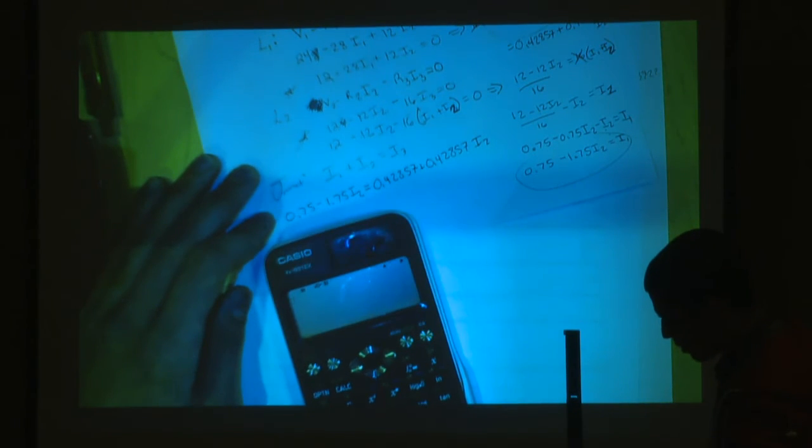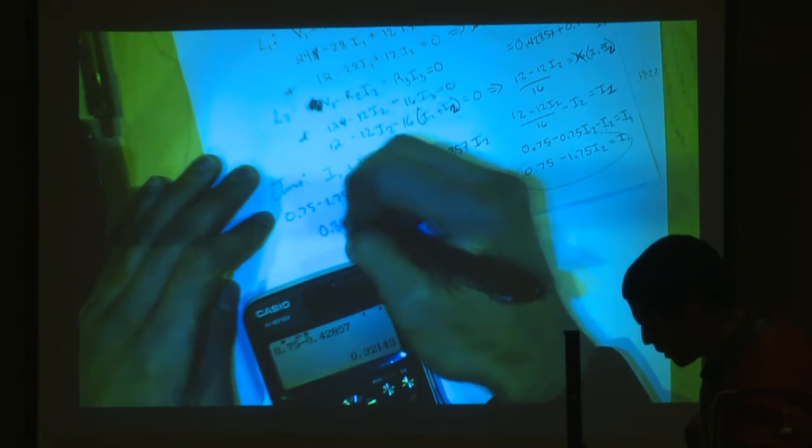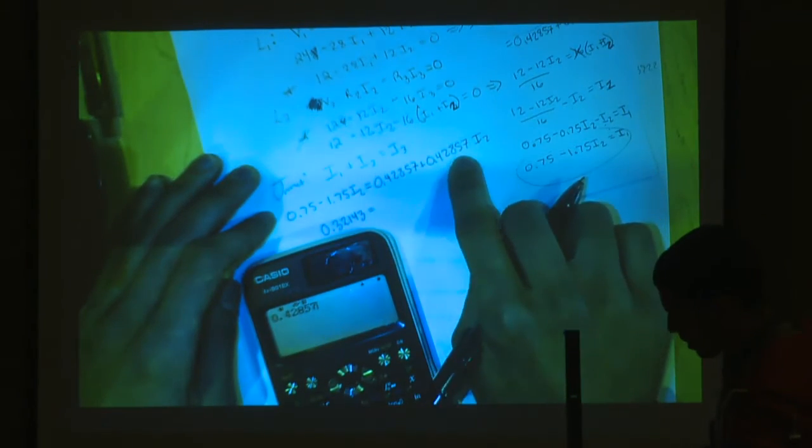Solving for I2, we add that over, subtract that. So then I'm just going to do it on my calculator here. We have 0.75 minus 0.42857 to give us 0.32143. We're going to add that over, so we'll have our original 0.42857 from here, plus 1.75 to give us 2.17857 I2.